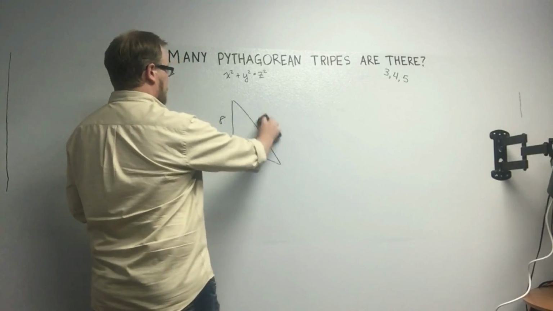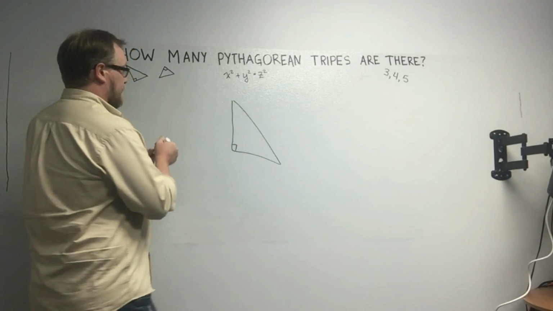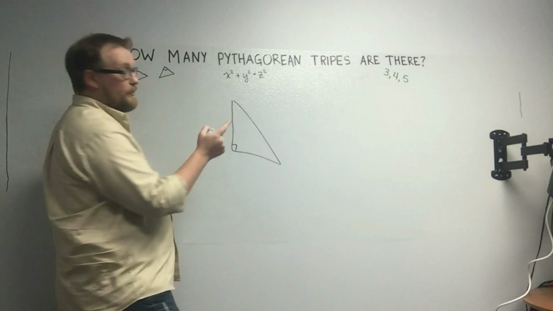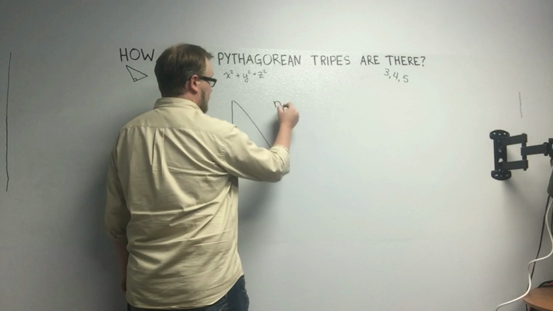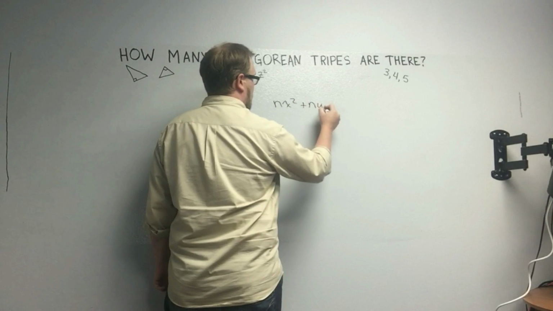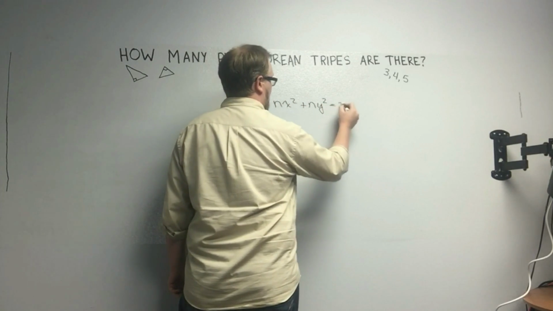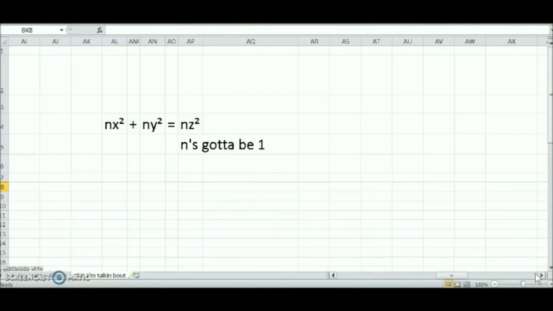Now, what's really weird, and this is the important part: if you really want to know how many primitive Pythagorean triples there are, you could easily write it like this. A number, times another number, squared, plus that same number times a different number, squared, equals that same number times a whole other number, squared.